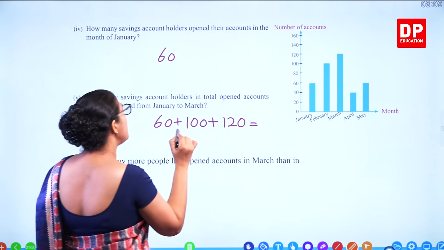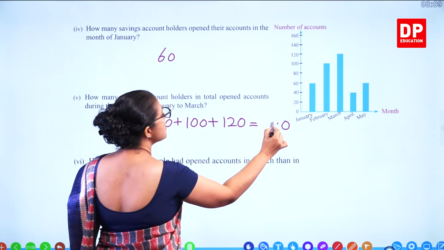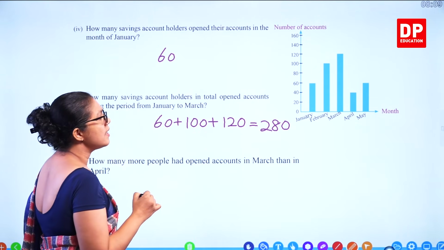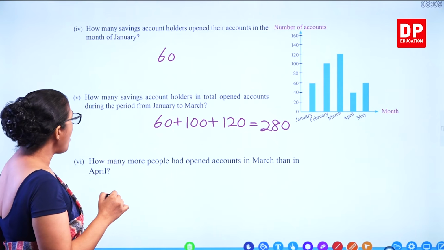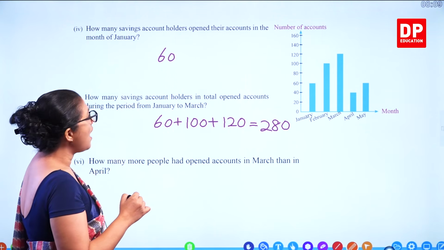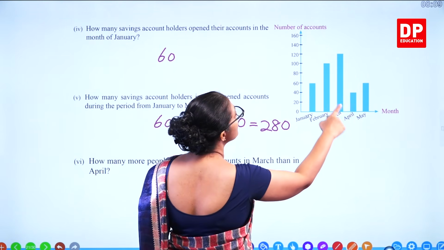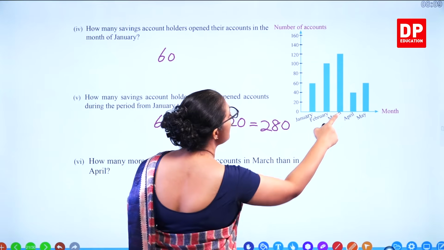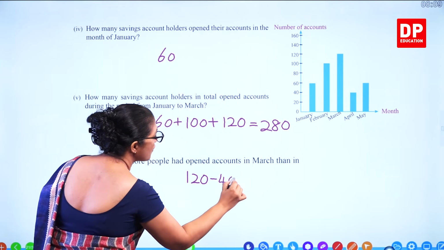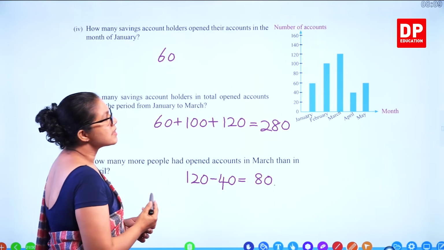So add it together, you get 280 accounts. How many more people had opened accounts in March than in April? So the difference, March and April difference, 120 minus 40. So you get 80 accounts.